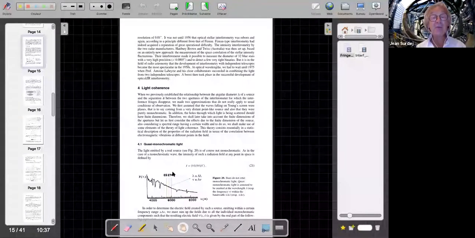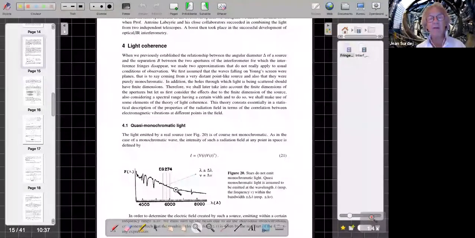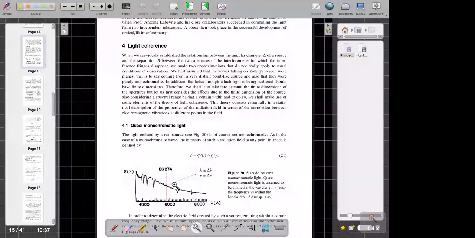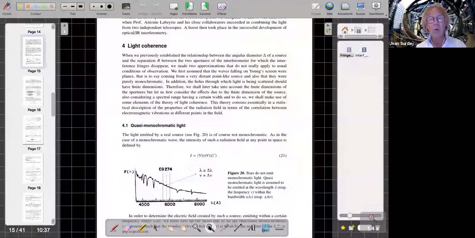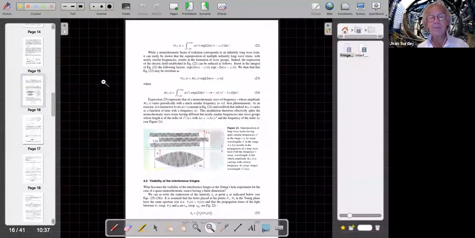Then last time we saw that if we consider not just monochromatic light but quasi-monochromatic light, meaning light emitted with frequencies near a central frequency within a certain bandwidth, nu plus or minus delta nu, and I will zoom here to see the small bandwidths, we would still see the interference fringes on the screen.